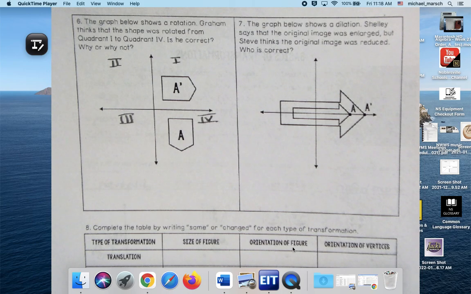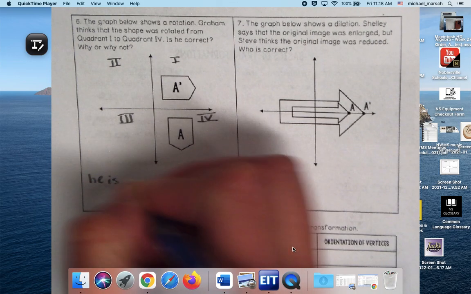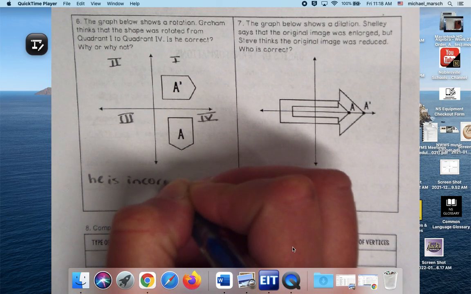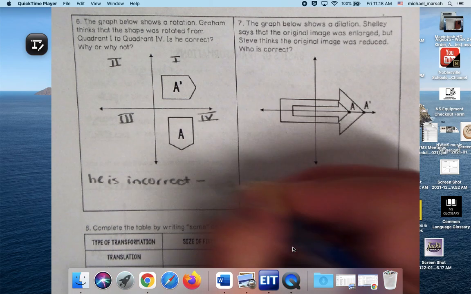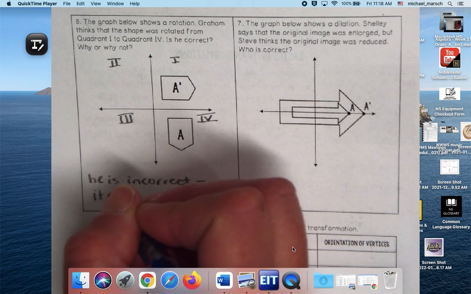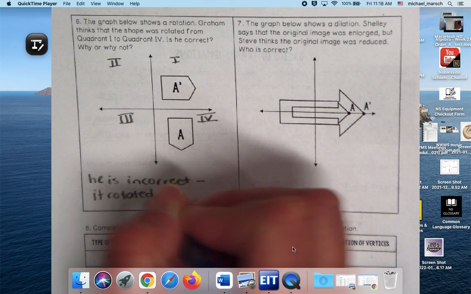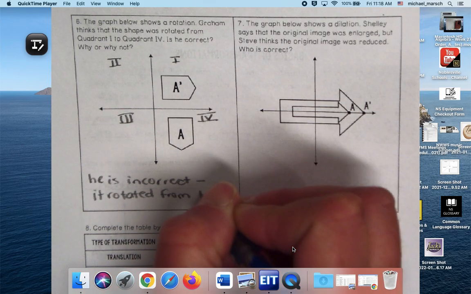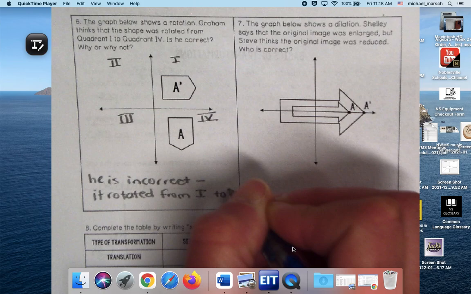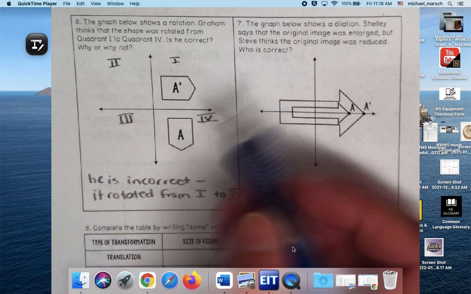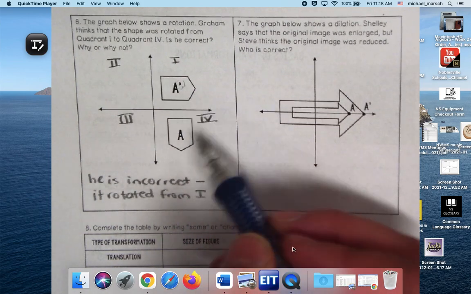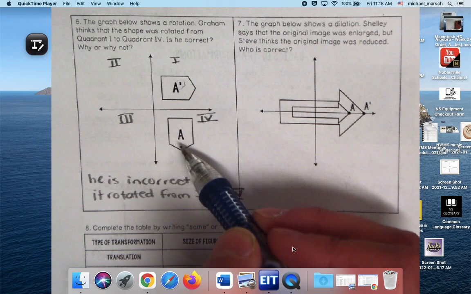So it really went from 4 to 1. It went this way, and we know because of the A prime, that tells us that's the image, and this is the pre-image.